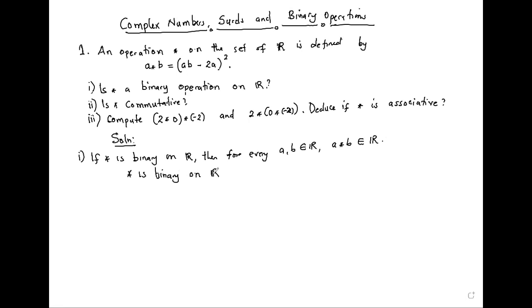So star is binary on R since for any A, B in R, A star B, which is equal to AB minus 2A squared, is in R. So you just write that. There's no working, like you start working out things.